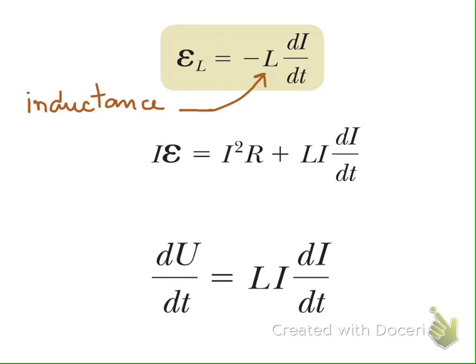And we define that when we multiply this inductance by the rate of change of the current, you can see that di/dt is the rate of change of the current, it will equal the induced EMF.